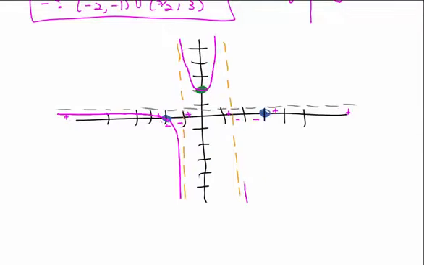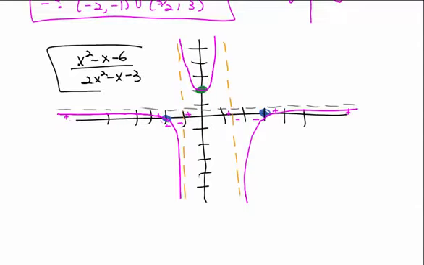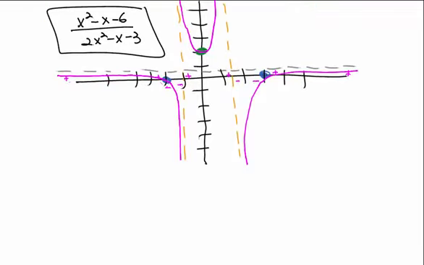And then finally the right side, close to the intercept, starting negative, and then turning positive, going towards that horizontal asymptote. This is the graph of x squared minus x minus 6 over 2x squared minus x minus 3. All 5 parts. Filling in the blanks.